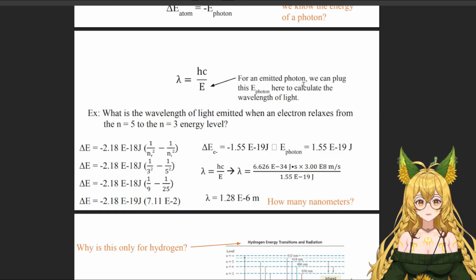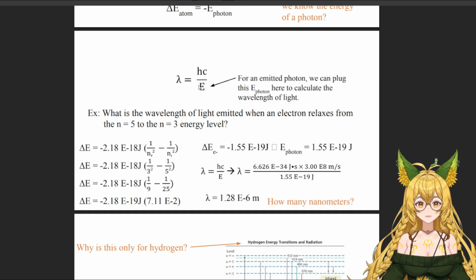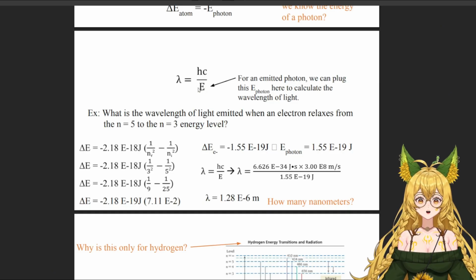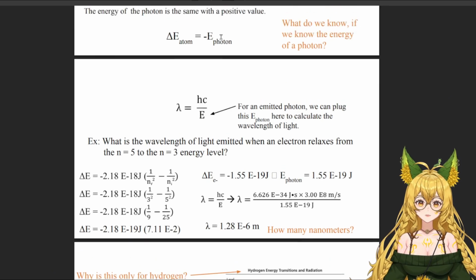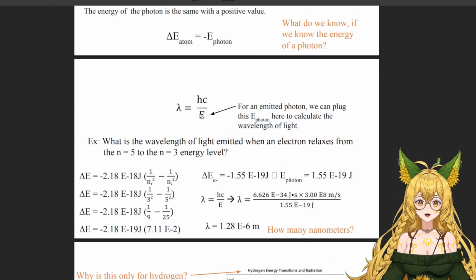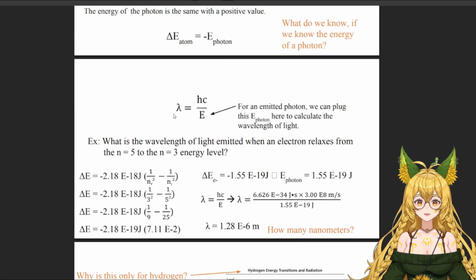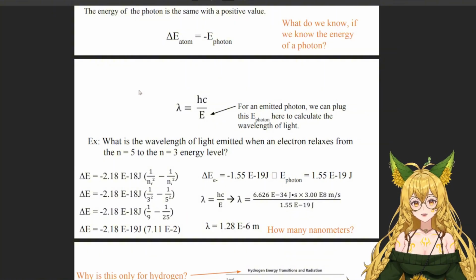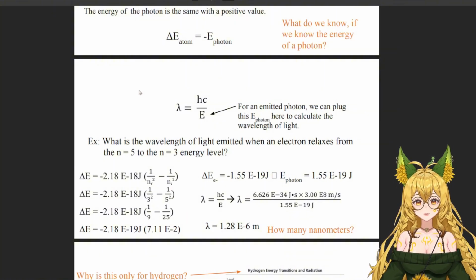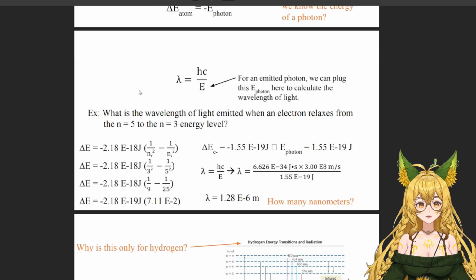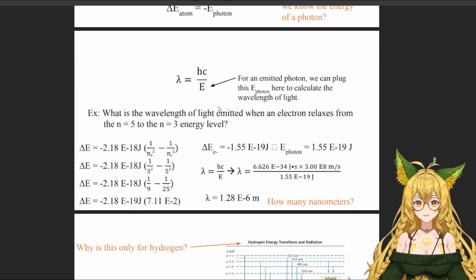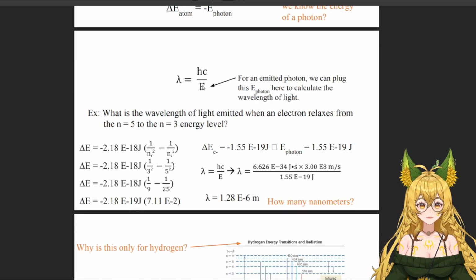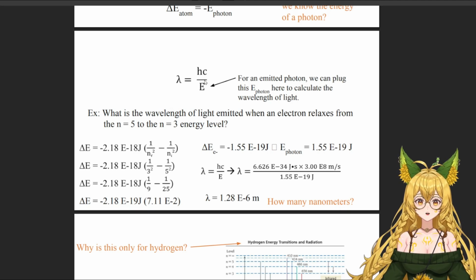For an emitted photon, we can plug this energy of the photon in here to calculate the wavelength of light. So if we know the energy of the photon, we're automatically able to determine the wavelength. And if we know the wavelength, we can put it in the other equation and get the velocity of the electron as well, because we'll already know the mass of an electron. That's a given, right? So now all these equations are tying together, but take care not to get any of these equations confused, all right?